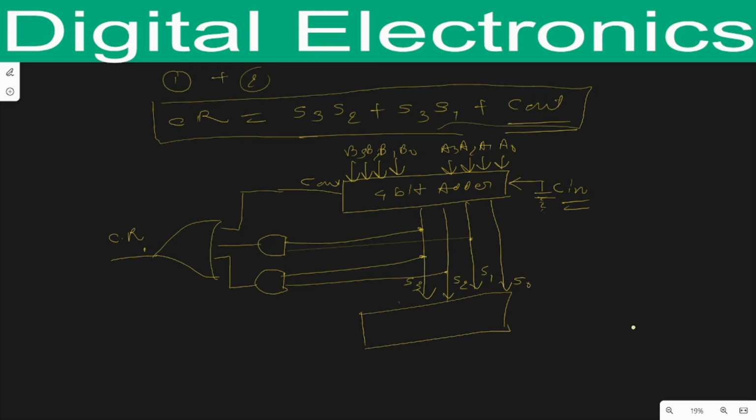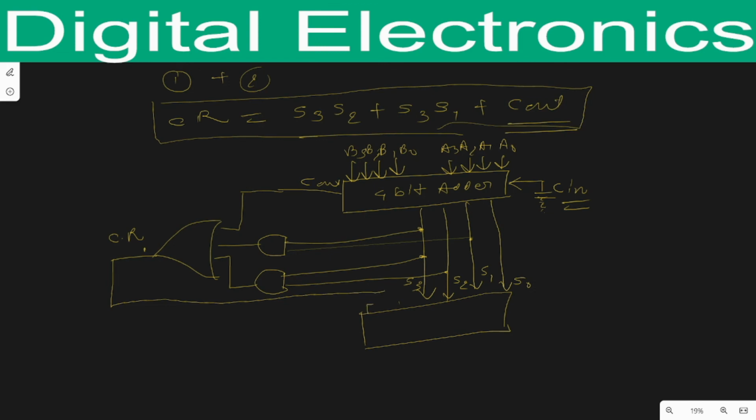So how can we get 6? To get 6, we will add this path to here. I will draw one line here.